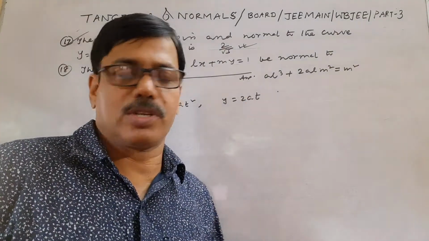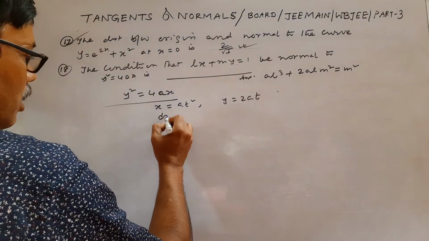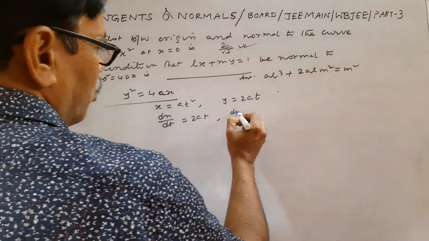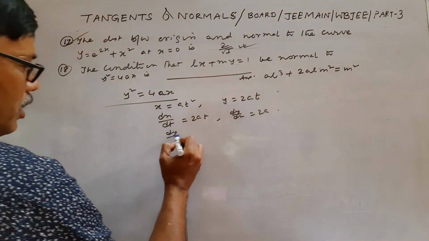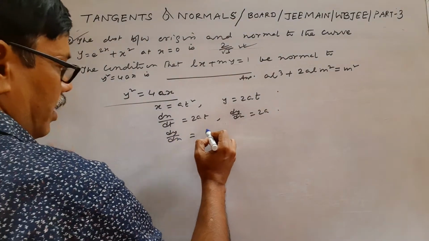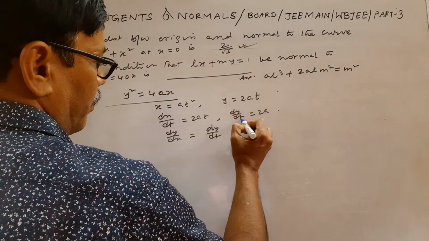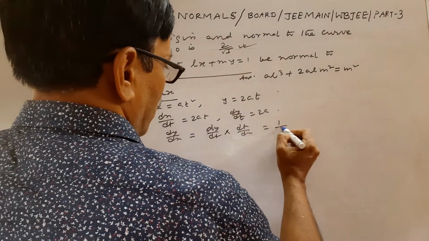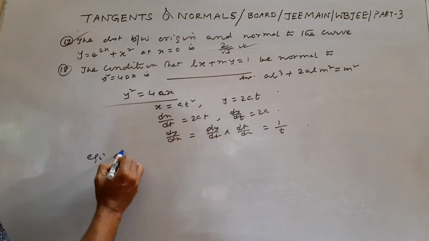We find the equation of the normal at t, that is at square, 2at. So dx by dt is 2at, dy by dt is 2a. So what is dy dx? dy dx is dy dt into dt dx, so 1 by t.